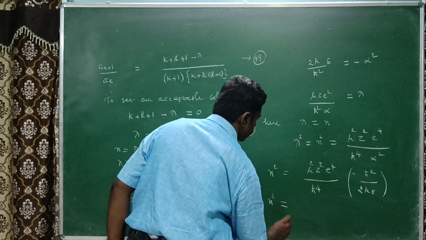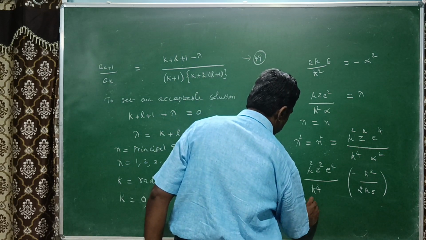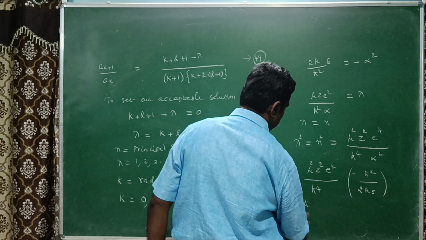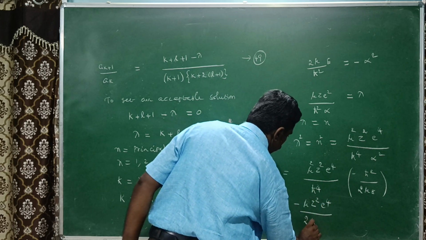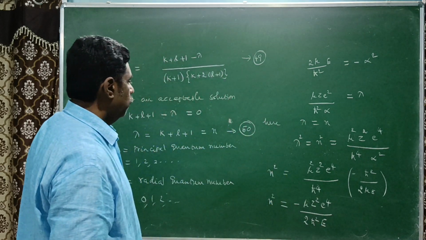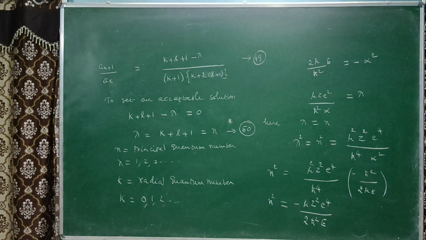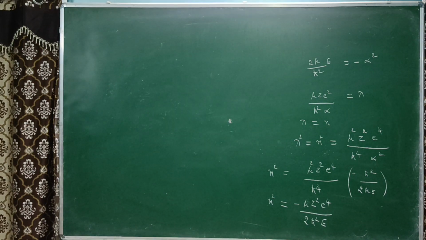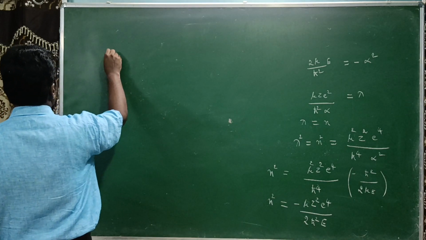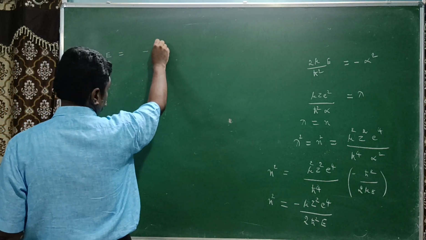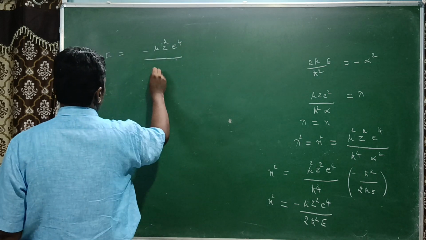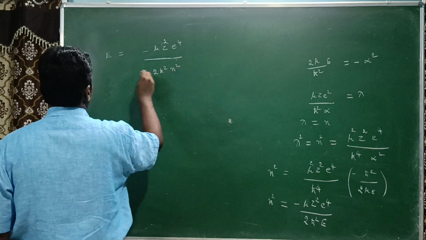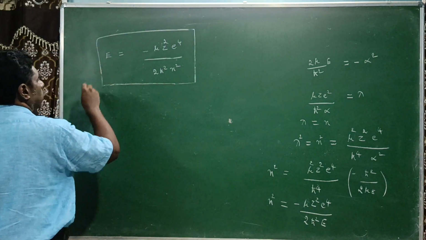This is n square equal to minus mu square, just mu square cancelled out, so minus mu z square e power 4 divided by 2 h cross square E. From this relation we may give the value of E. E equal to minus mu z square e power 4 divided by 2 h cross square n square. This is the value of energy eigenvalue.